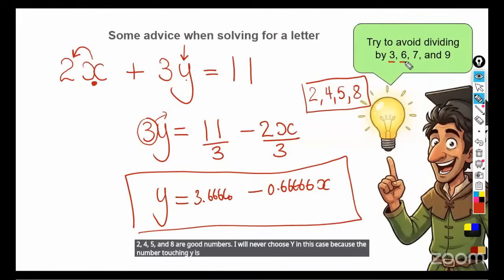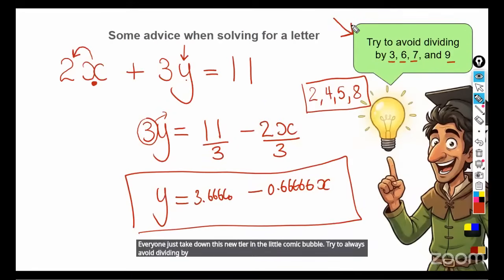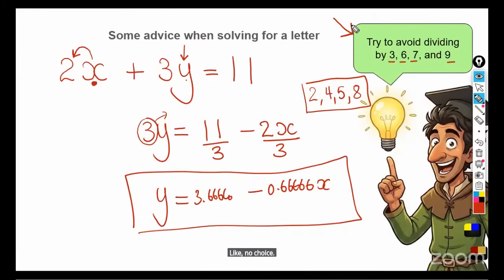And these are the bad numbers, or what I call the evil numbers. Everyone just take down this note here in the little comic bubble. Try to always avoid dividing by 3, 6, 7, or 9. You only divide by those if you have no choice. Like no choice, right?